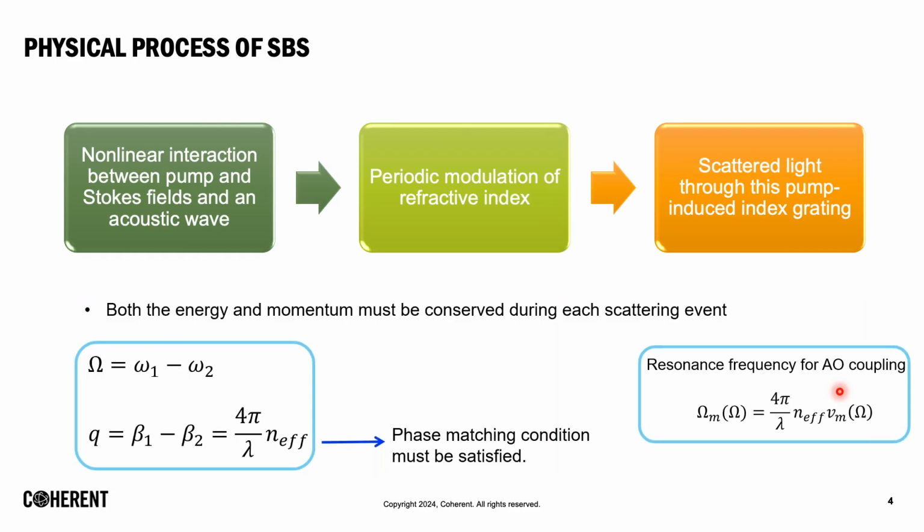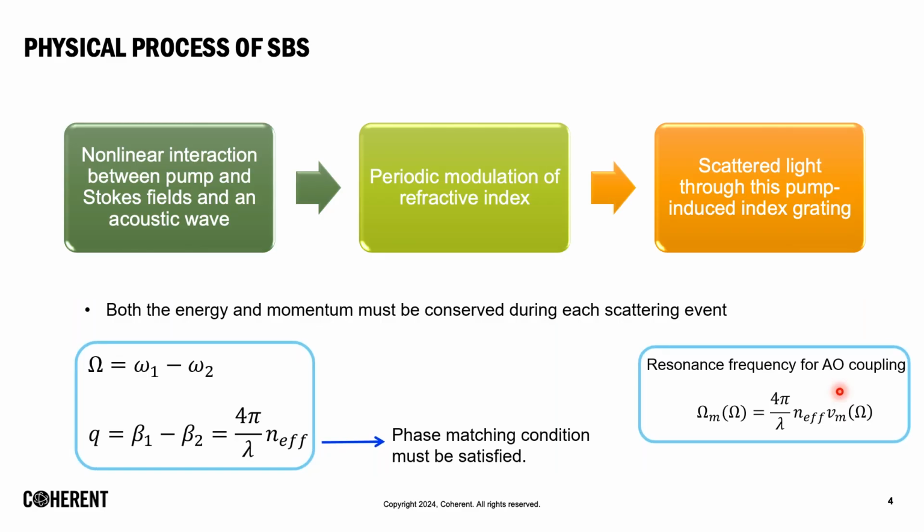So even though SBS should occur only in the backward direction in optical fibers, spontaneous Brillouin scattering can also occur in the forward direction. This happens because the guided nature of the acoustic waves leads to a relaxation of the wave vector selection rule, and as a result, a small amount of Stokes light is generated in the forward direction.